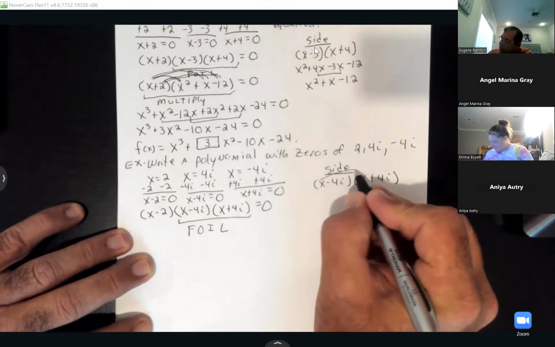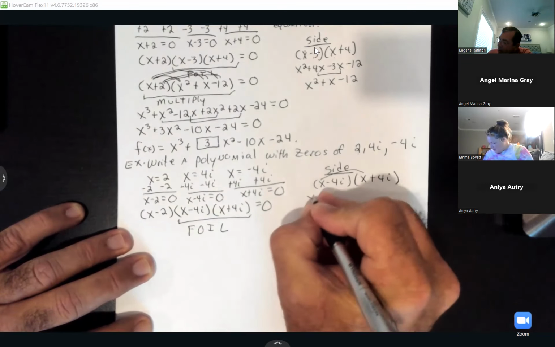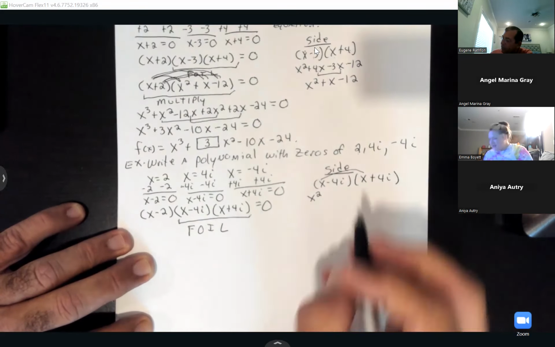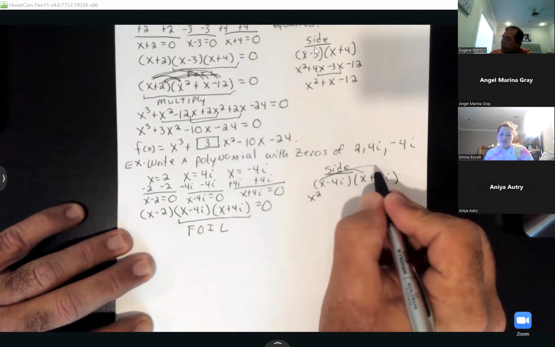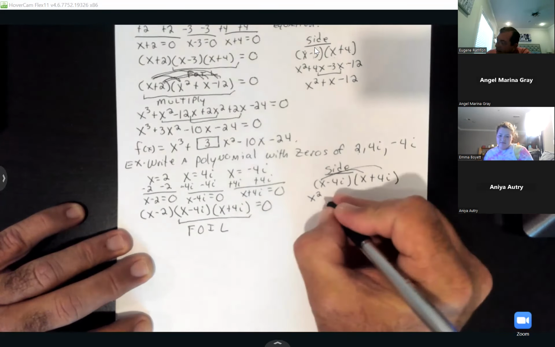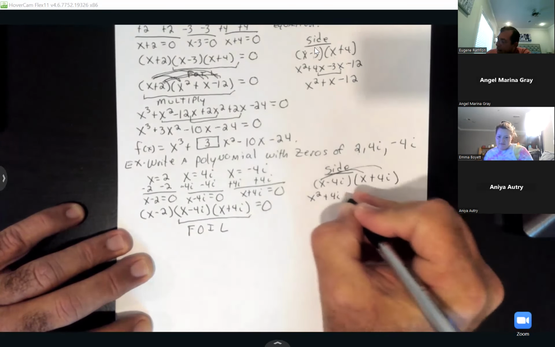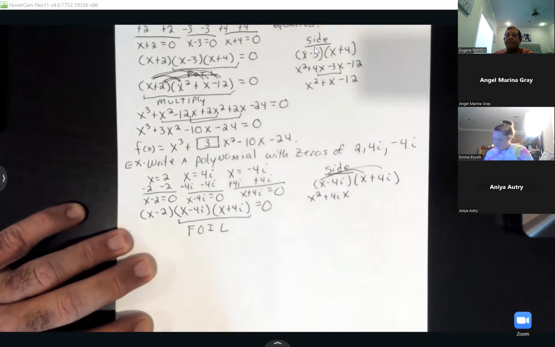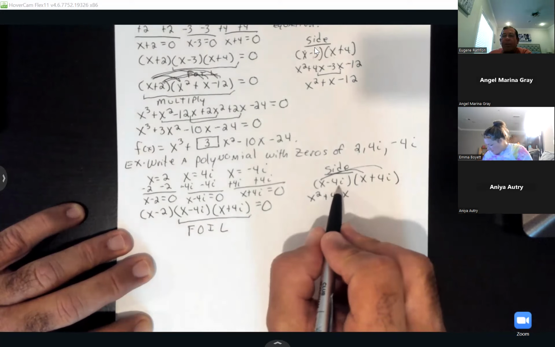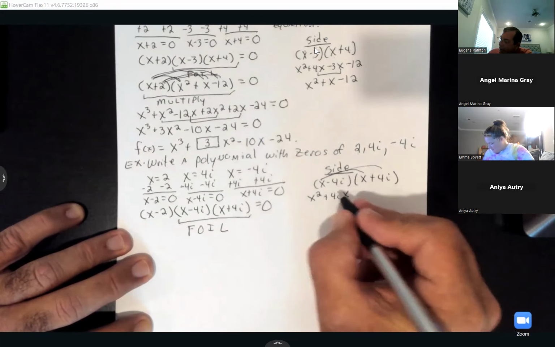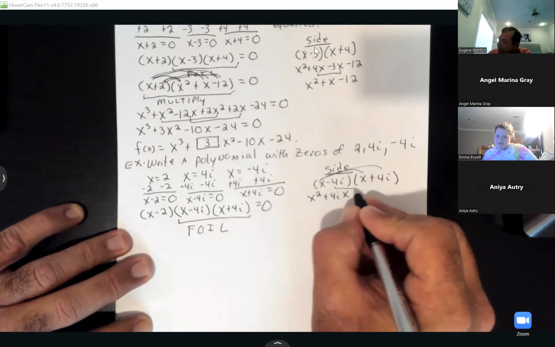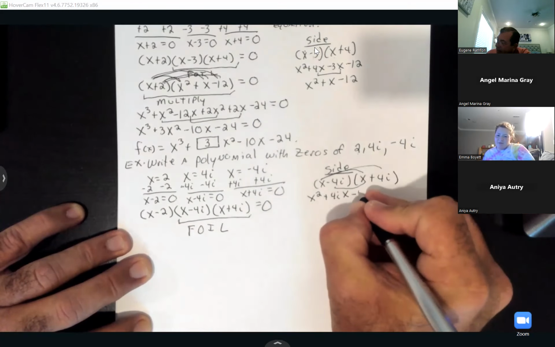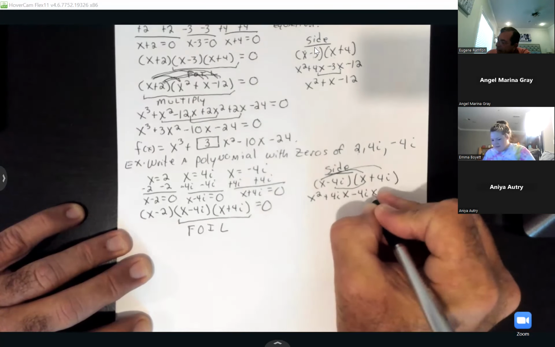So I'm going to do x times x is an x squared. X times 4i is a 4ix. Now I'm going to distribute the negative 4i. That negative 4i times x is a negative 4ix.